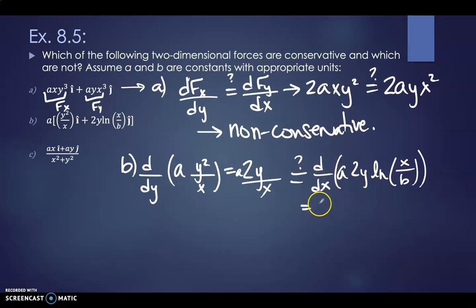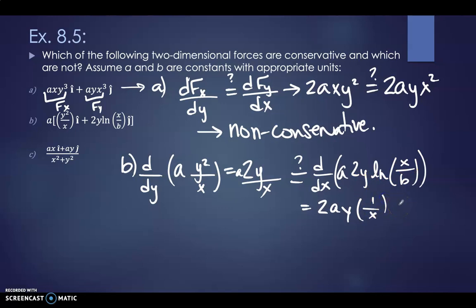We get 2ay, which is all the same. And this is just a constant, so we don't really care about it. The derivative of ln x is 1 over x.